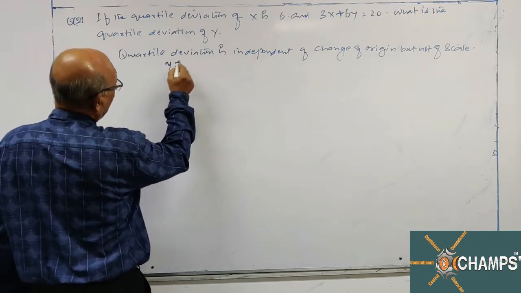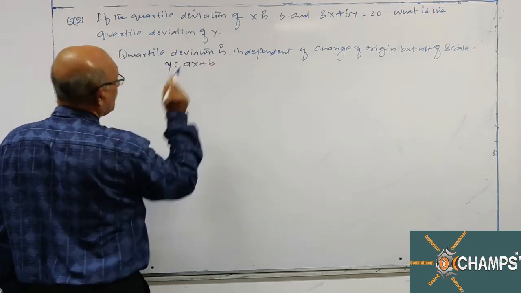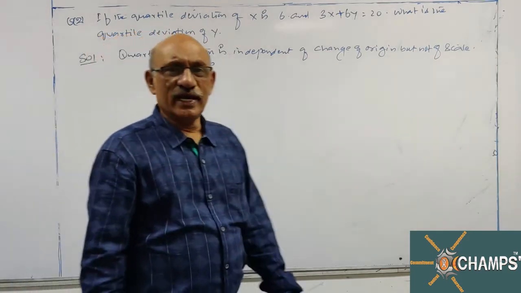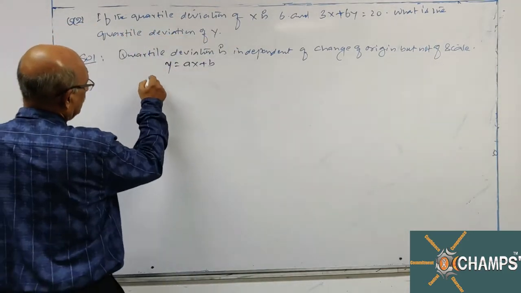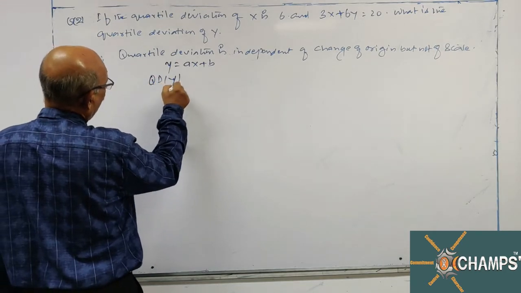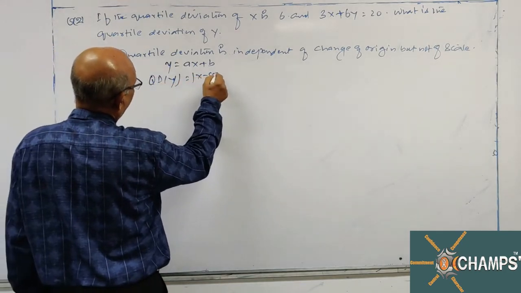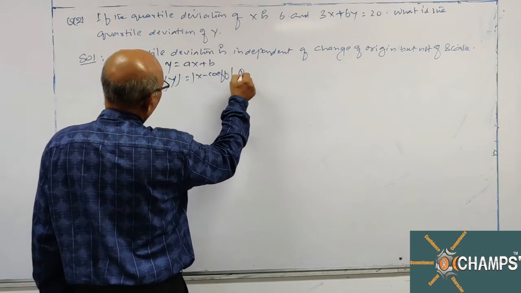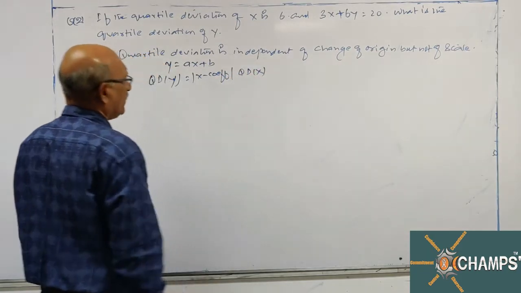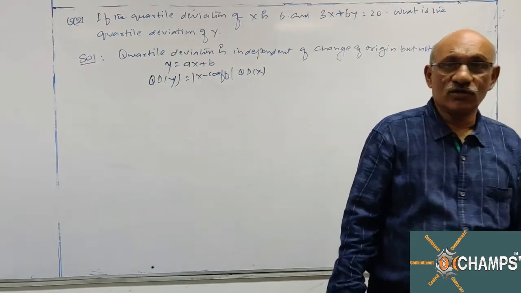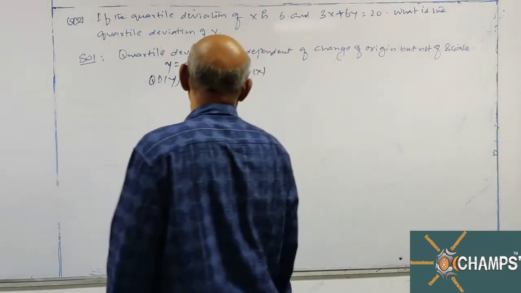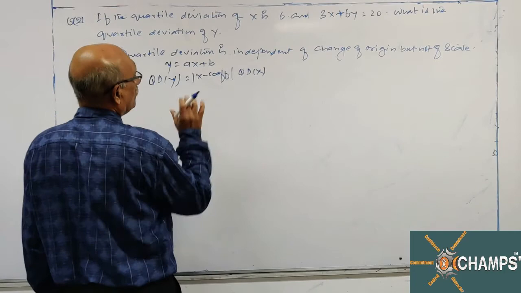When two variables x and y are related by y is equal to ax plus b, then the quartile deviation of y is equal to the modulus of the x coefficient into the quartile deviation of x.